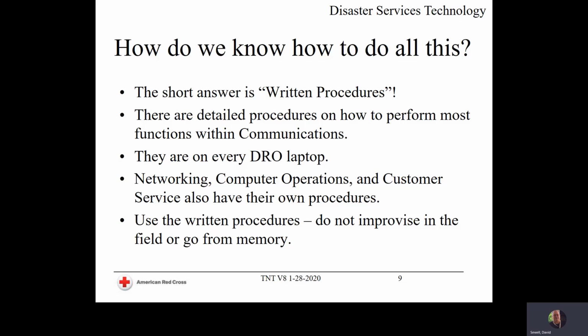There are detailed procedures on how to perform nearly every task that you need to do in communications. They're on every DRO laptop, but you can also get them in the Volunteer Connection DST global group share. But you won't be able to get that, like I said, until you've got a GAP assigned, a group activity position, in Volunteer Connection. Networking, computer ops, and customer service also have their own set of disaster technology procedures, and the acronym for that is DTPs.